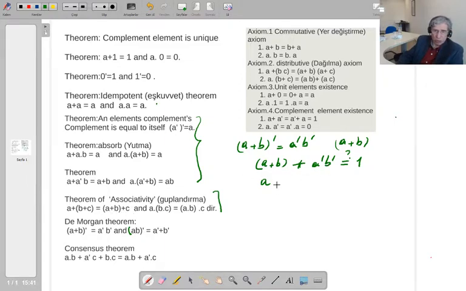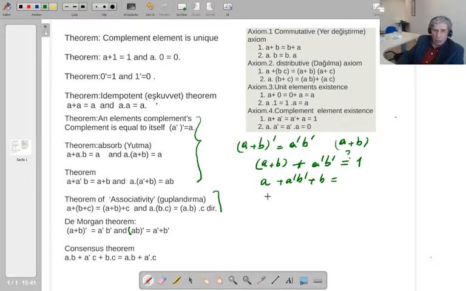You could do a similar thing here. A', B', B is equal to what? On the left hand side I am trying to end up with 1. If I can end up with this one, then I'm going to say what I said is true. That means (A + B)' is equal to this.